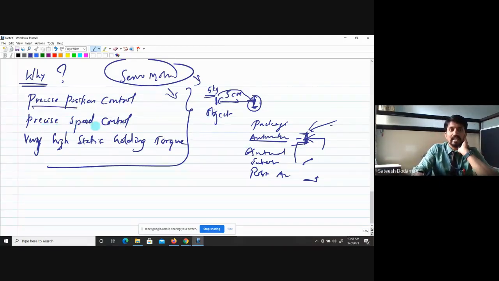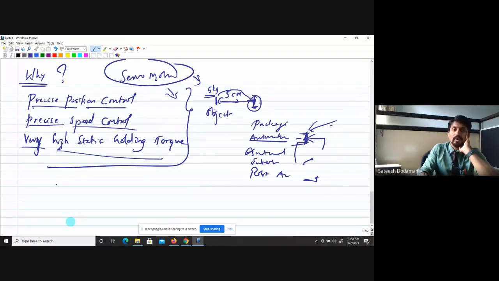So that is precise position control. At the same time, precise speed control can be done with the help of a servo motor. And what is very high static holding torque? As you all know, general or normal motors, if they start rotating, they rotate. That is an easy thing, it can be done.